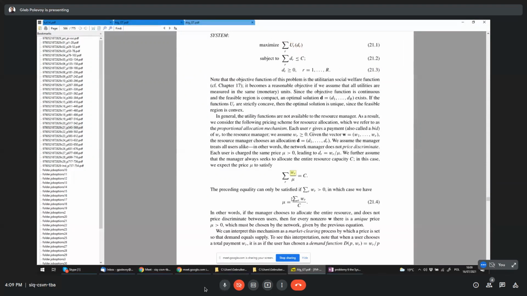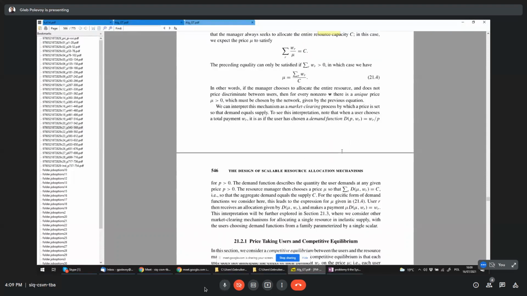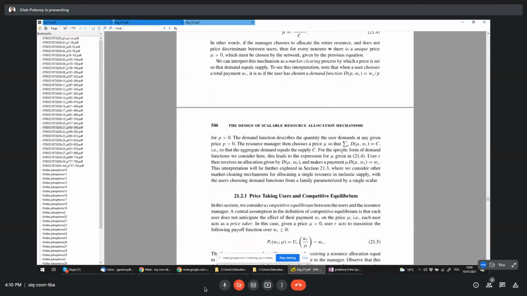And the price is the total sum of the bids divided by C. That's how the price is determined, such that the sum of allocations is C. Then the allocation is w_r, what you bid, divided by the price, or it can also be shown that what you get is always the relative share.